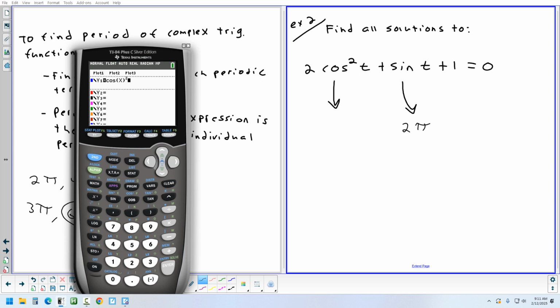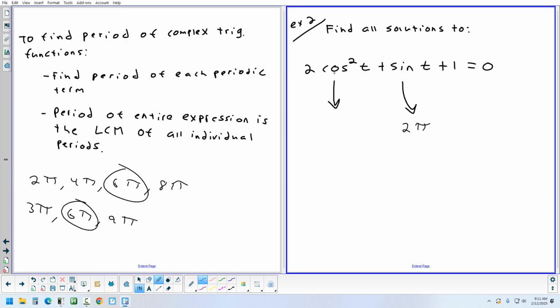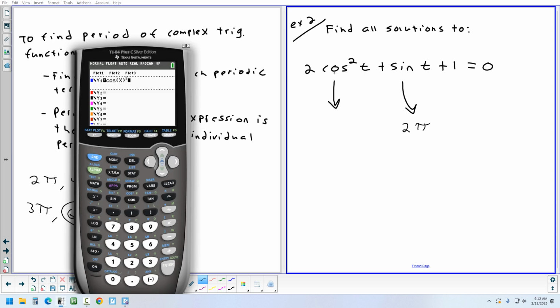That is how you raise a trig function to a power. You cannot type it in the way that it's written on paper. When you write something on paper, the exponent is usually in between the argument and the function. That is not how it looks on a calculator.